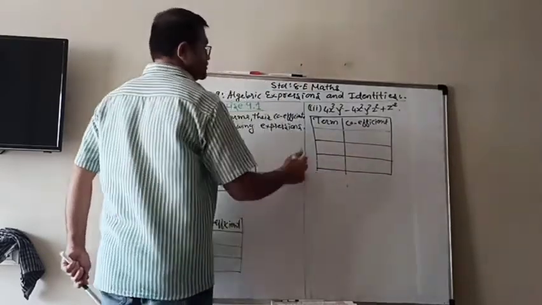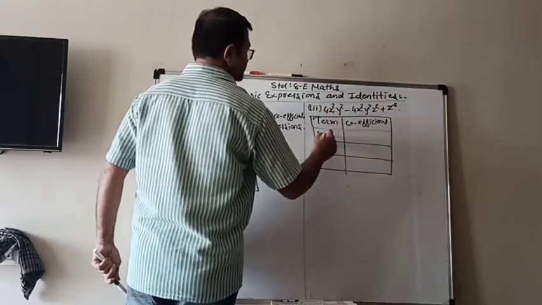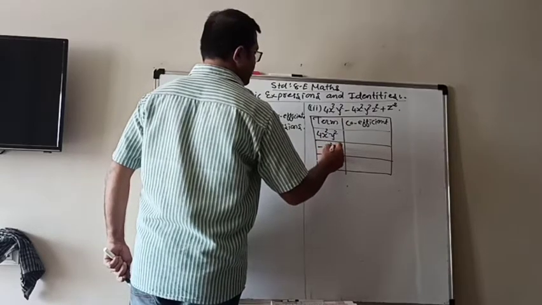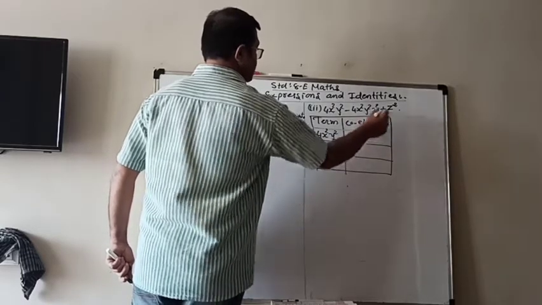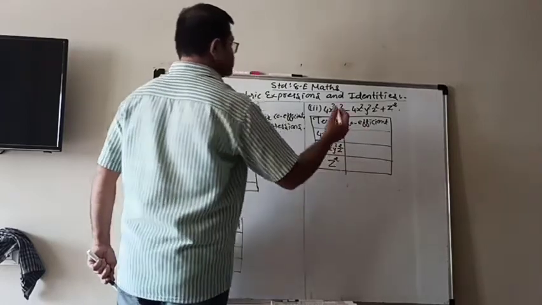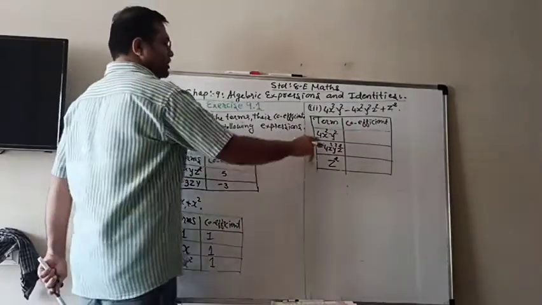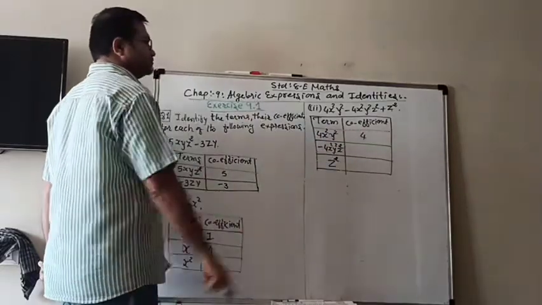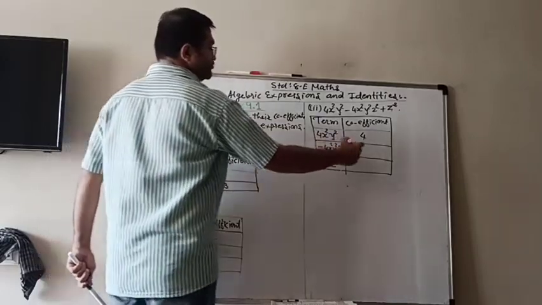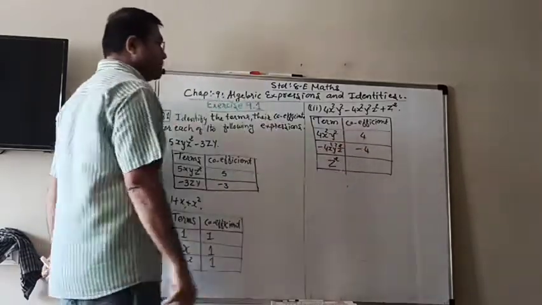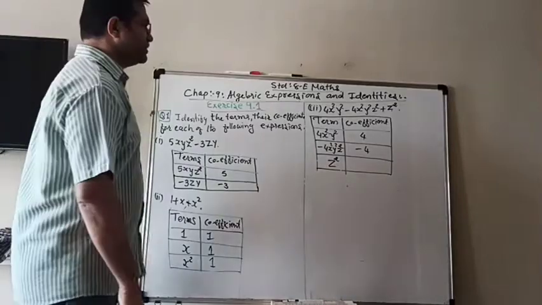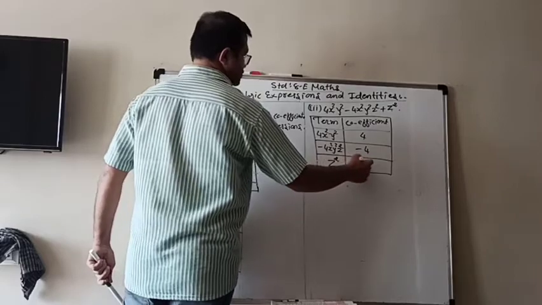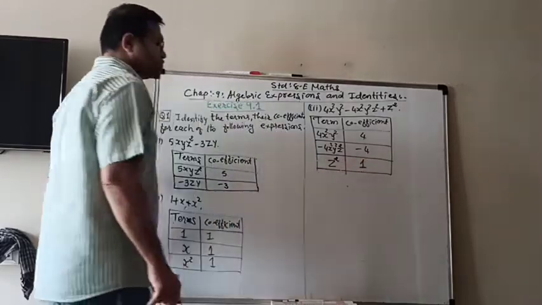So first term is 4x square y square. Second term is minus 4x square y square z square, and the third term is z square. So here number 4 is there, so coefficient is 4. In the second term minus 4 is there, so minus 4 is the coefficient, and in the last term z square, nothing there, so 1 is the coefficient of it.